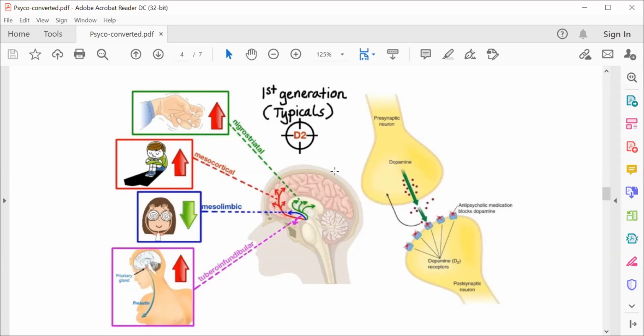So when the first generation antipsychotic, like haloperidol, for example, works on the D2 receptor in the mesocortical pathway, the red one here, what will happen to the patients? In the mesocortical, what happens? The negative signs will be decreased also.